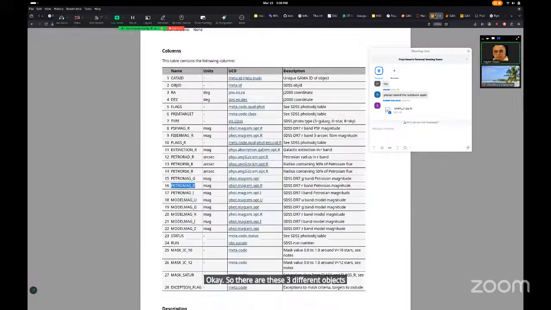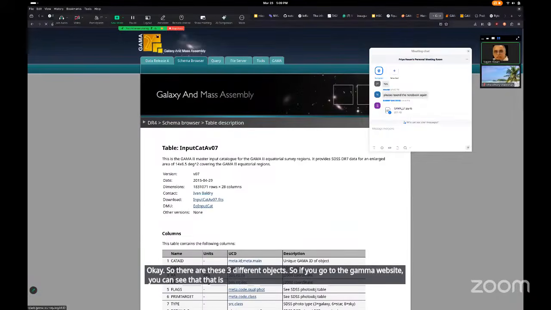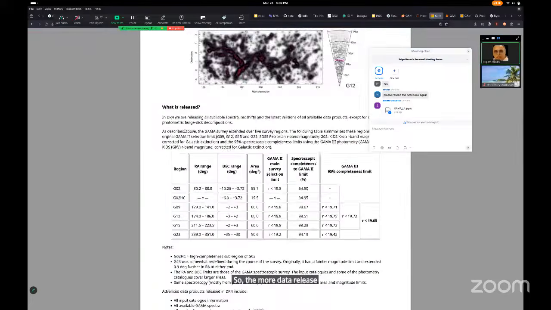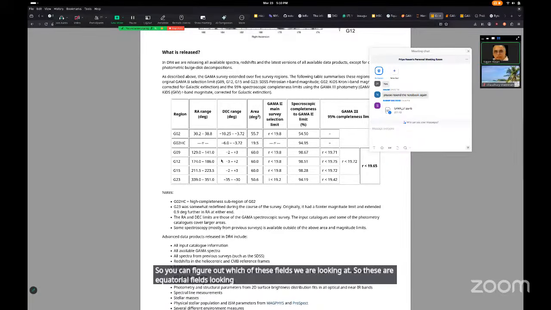So if you go to the GAMA website, you can see that that is indeed the case. So GAMA data release 4. You can see all these different fields. Okay. They have an RA range and a Dec range. So you can figure out which of these fields we are looking at. So these are equatorial fields, the fields near declination of 0.